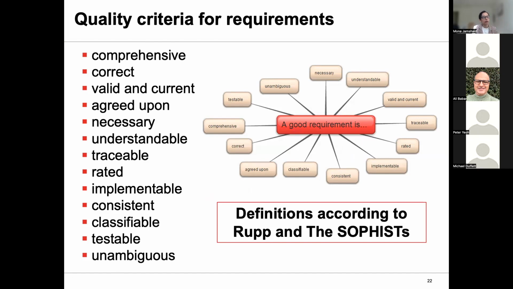I don't think it's included in your course book, but if you want to have a look, there is a rule book that Chris Rupp has published, which is all about the quality criteria for requirements. They are all these 16, 17 items listed there. And you can have a look there as well, if you want a more theoretical read of what the requirements should be like.